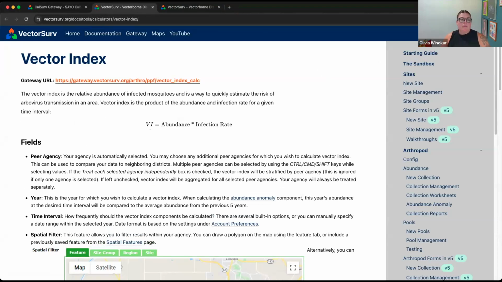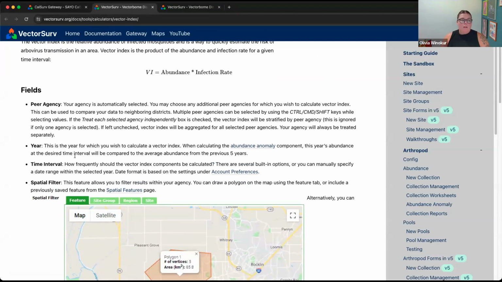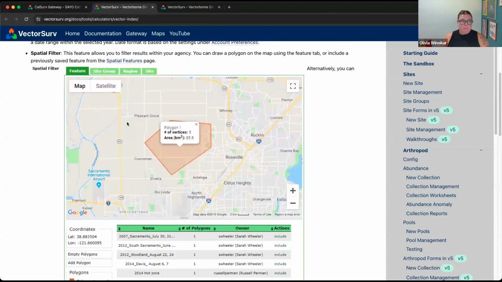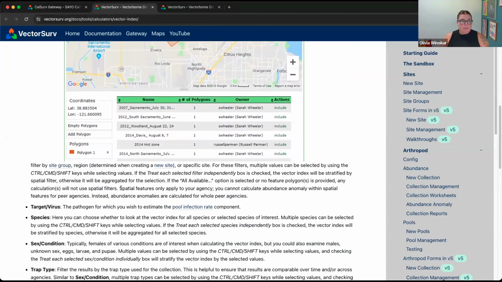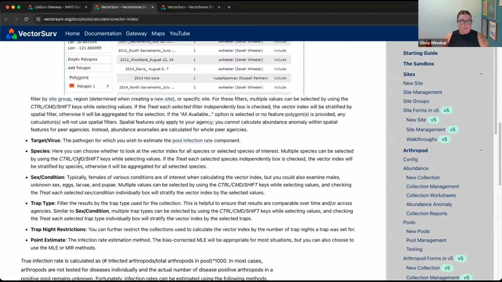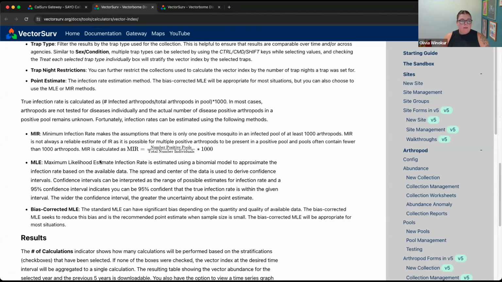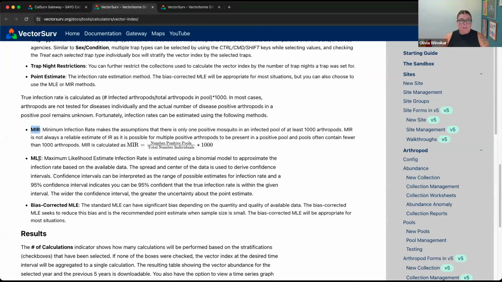So if we go to that documentation, it's going to tell you what vector index is calculating, how it's calculating that, what all of the fields mean, how to use the spatial features, again, what the other fields mean, how minimum infection rate, maximum likelihood, and bias corrected work.